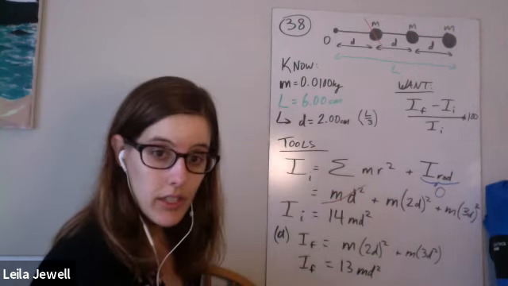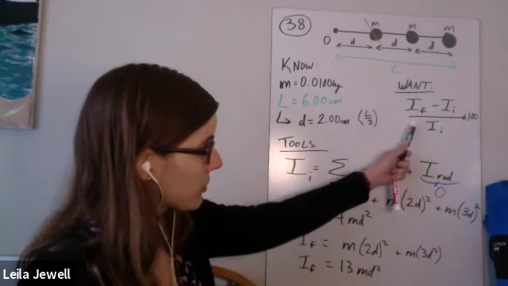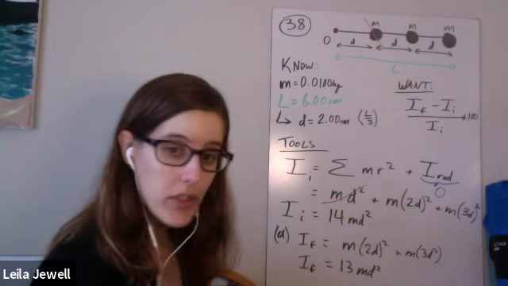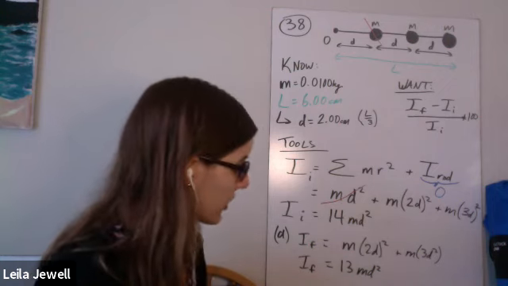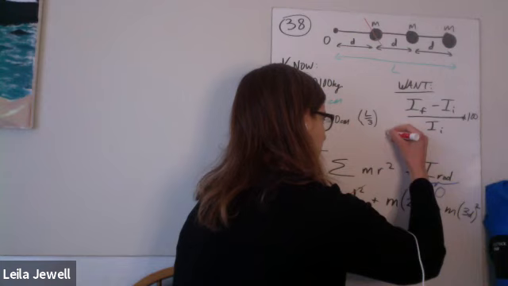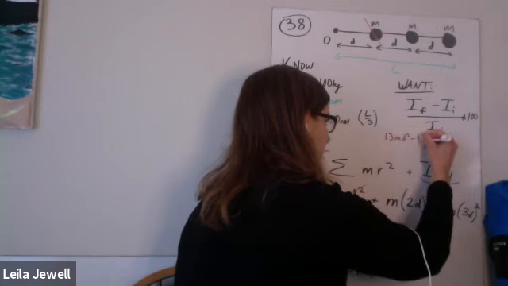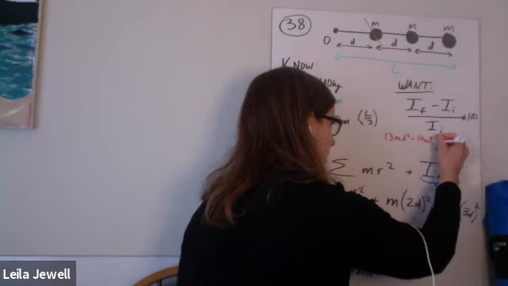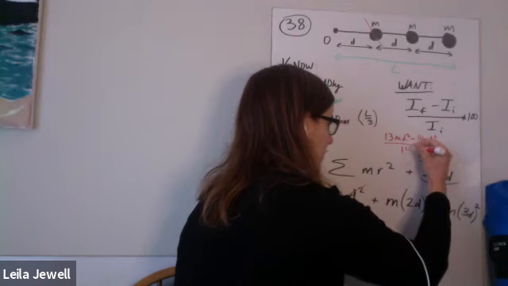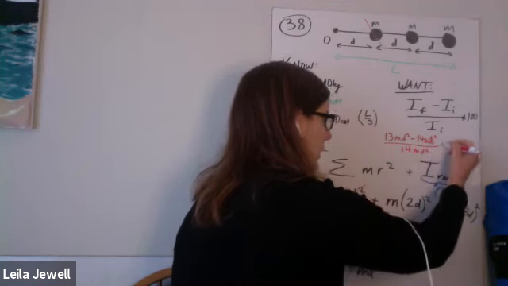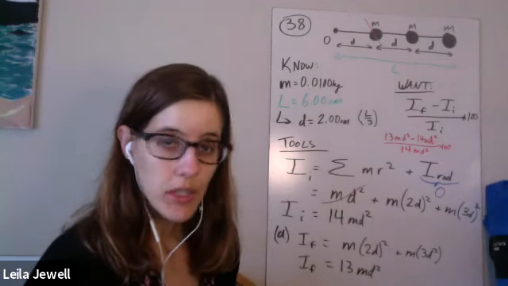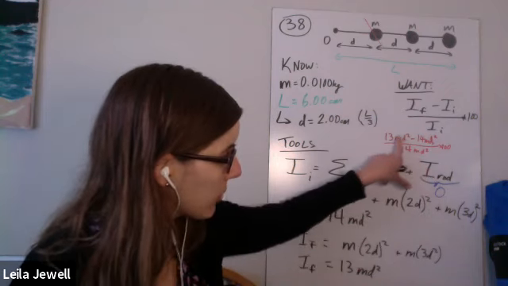For the I final. And so if we take this up to what we want for part A, we would get 13 md squared minus 14 md squared divided by 14 md squared, times 100. And what you may notice is that by writing in terms of md squared, we have md squared in the numerator in both terms and the denominator.